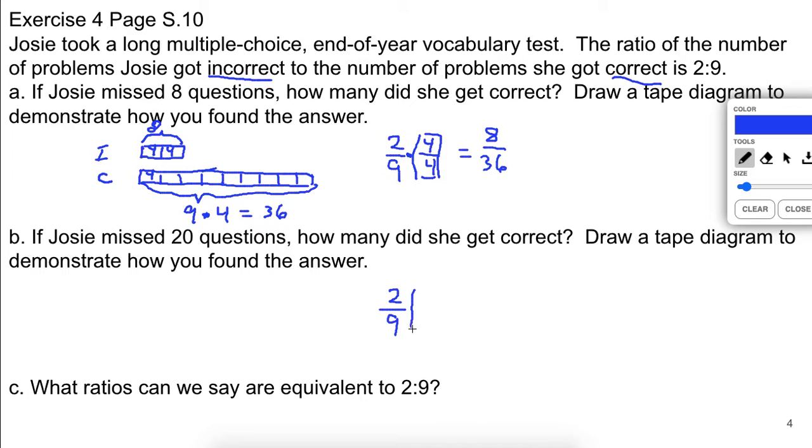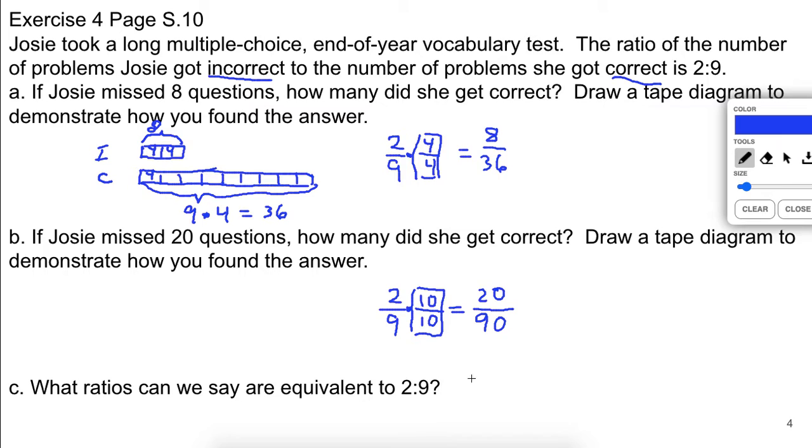So we have to ask ourselves, what do we times 2 by to get to 20? And that is just 10. So our giant one we are using is 10. And we end up with 90.